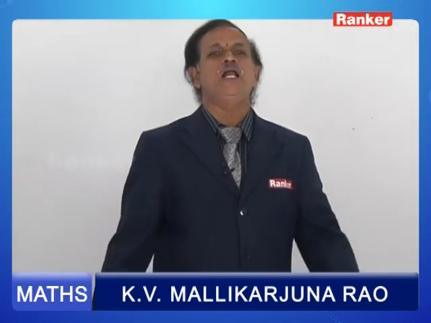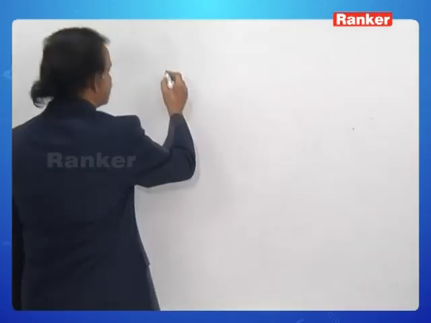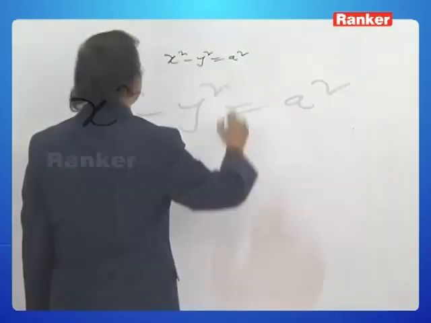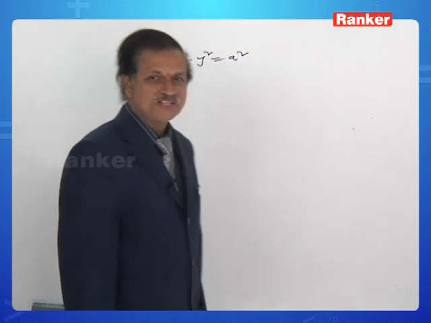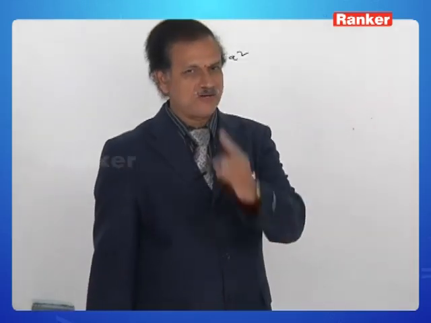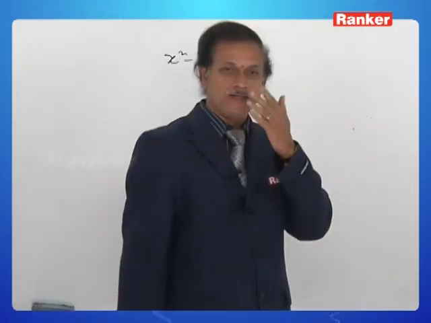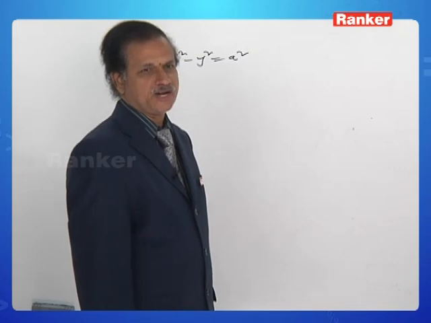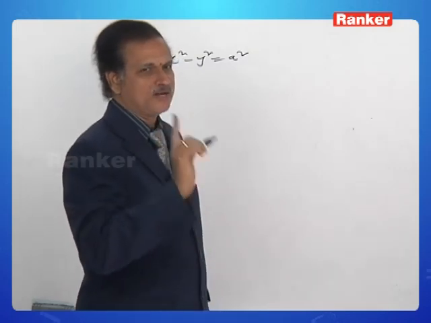What is the differential equation of the rectangular hyperbolas? What is the standard equation of a rectangular hyperbola? x square minus y square is equal to a square. What is the speciality here? There is only one constant, that is a, to be eliminated. How many? Only one. So at most, how many times can you differentiate? You can differentiate it only one time.